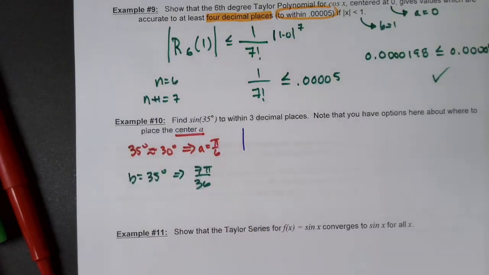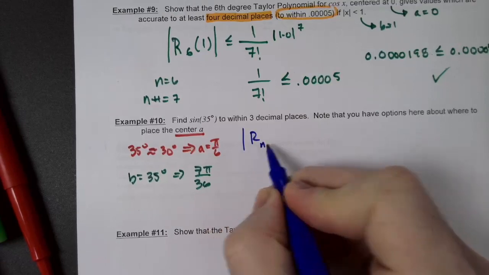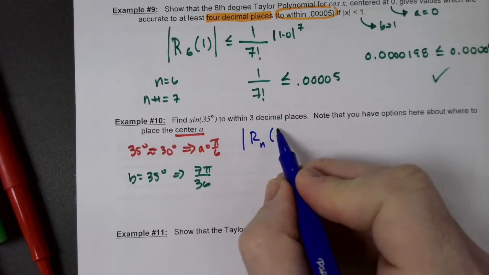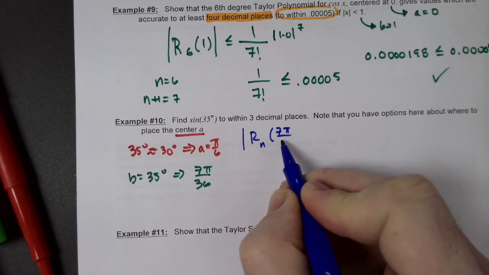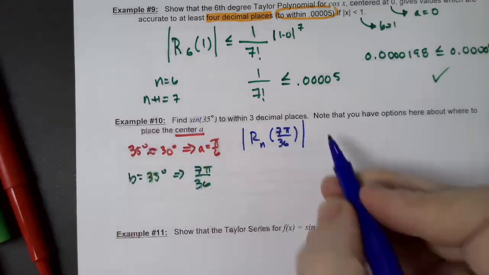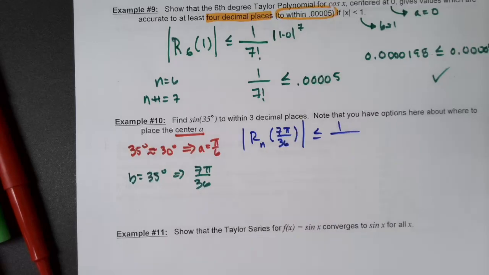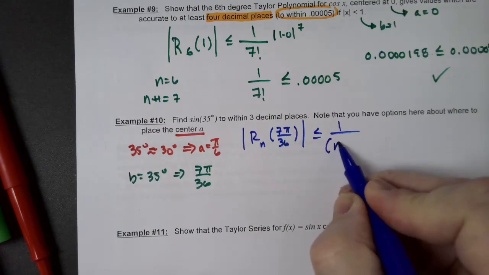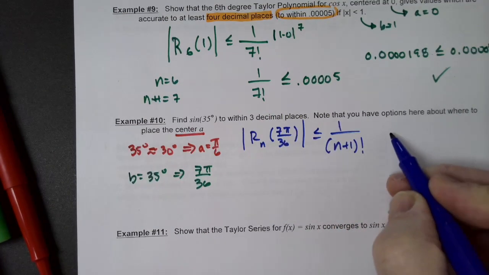So we're going to do our nth partial sum of the estimate here of 7 pi over 36. We know that our m, since this is sine, cosine, either one of those, will be 1. And then n plus 1 factorial.